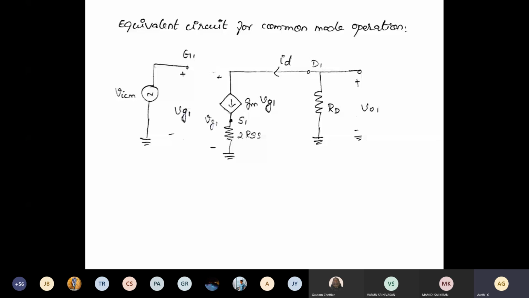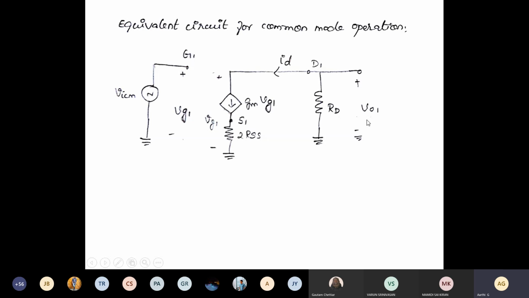So here is our equivalent circuit. For the 1/2 circuit, this equivalent circuit is drawn, and from this we are going to derive the expression for the gain. If you see the equivalent circuit, we give the input voltage VICM at the gate terminal, and RD is the drain resistance at the drain.